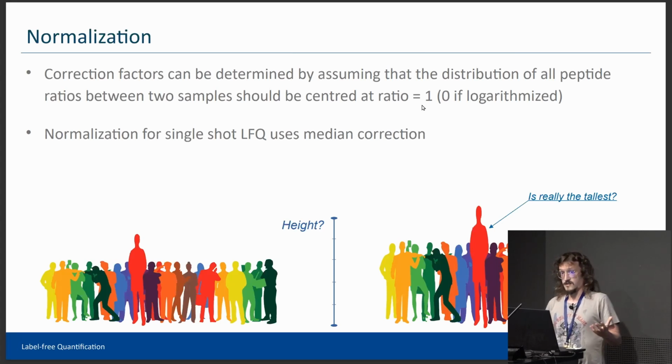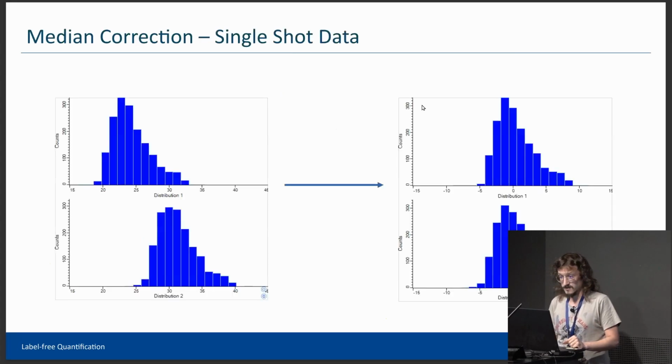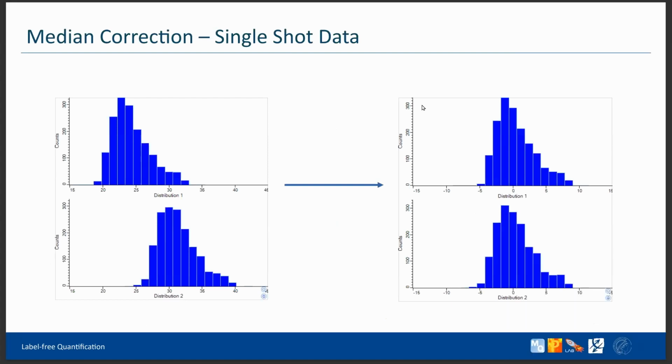How to normalize the data? Well, if you have single shot data, so you just do for each one of your samples a single MS run without prefractionating it, it's very simple. You don't need to do any fancy things. You can just use the median correction.